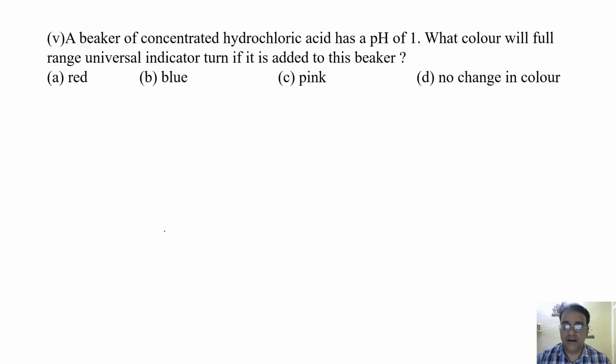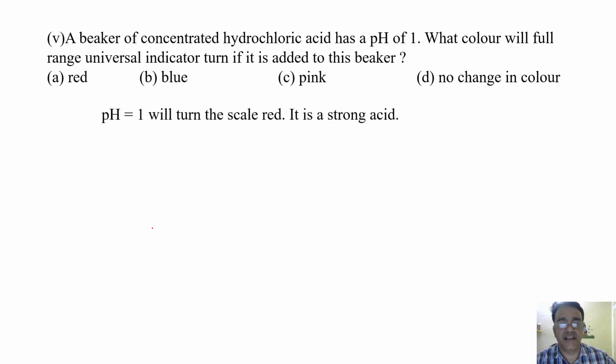So when we are adding it to a strong acid, what will the indicator show? It will show red. Okay, pH equal to 1 will turn the indicator red. Why? Because it is a strong acid. So the first option is the correct one.